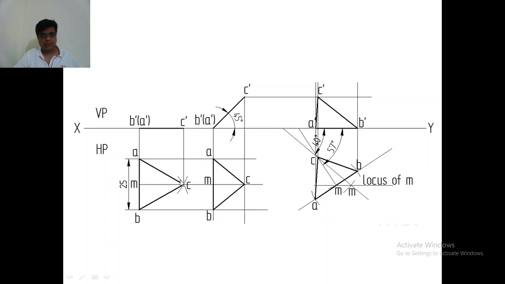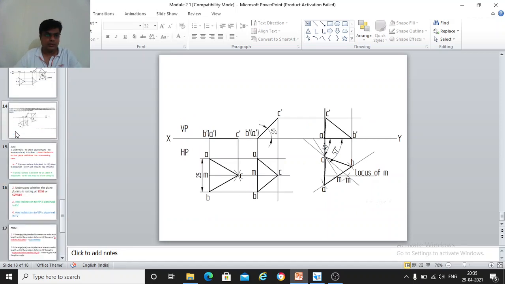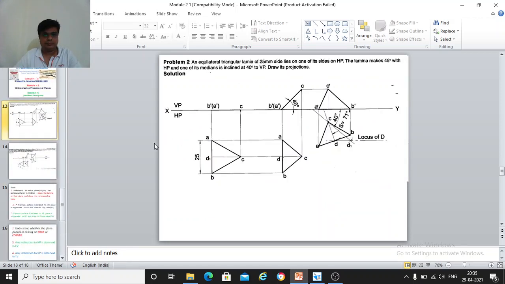The remaining lines should be thin lines with a micro tip pencil. All other lines are thin here. You can see all the arcs are thin, all the projected lines are thin. So this difference should be seen in your drawing. So this completes the solution for this problem.